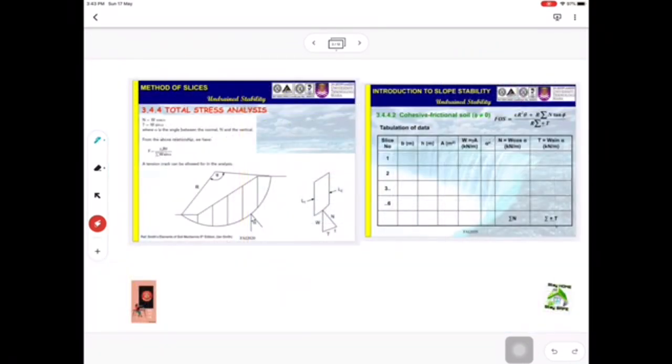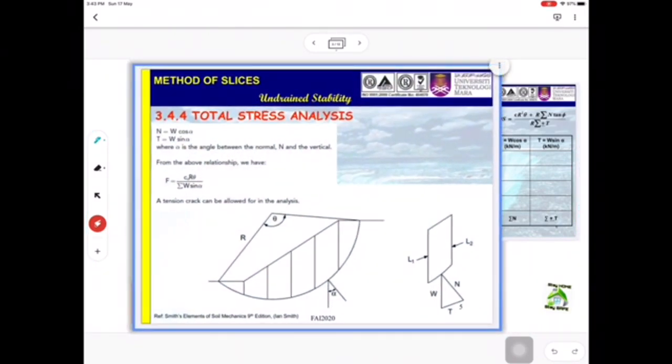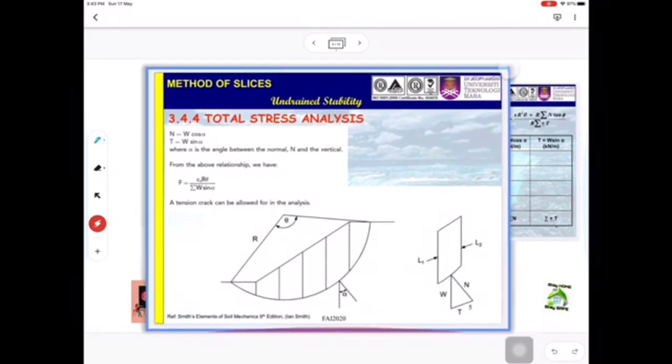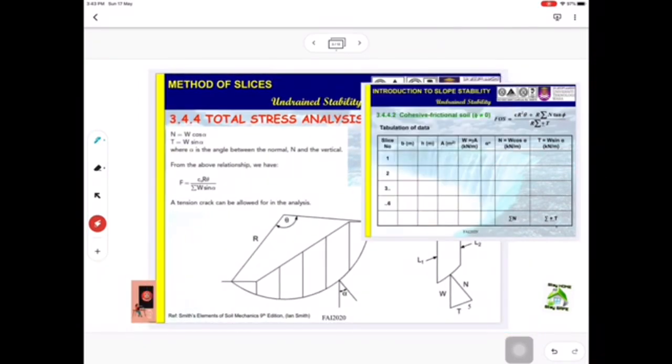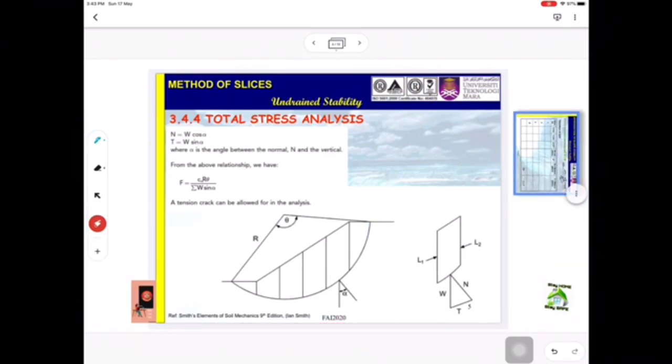Okay, so we look at another way, another way of method of slices. Still Swedish method.